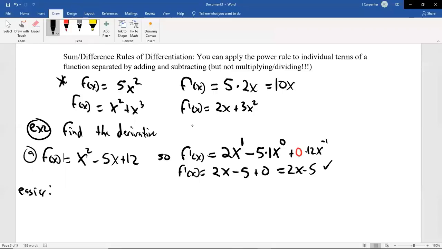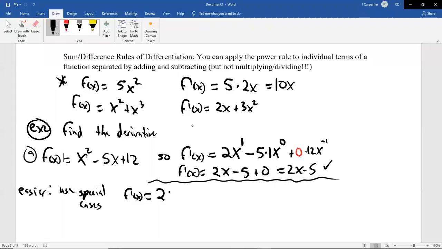Here's the easier version. Use the special cases. So f prime of x. I'll use the power rule for the x squared. So I bring the 2 out front. I drop the exponent by 1. Now, this minus 5x term, just focusing on this term, is linear.